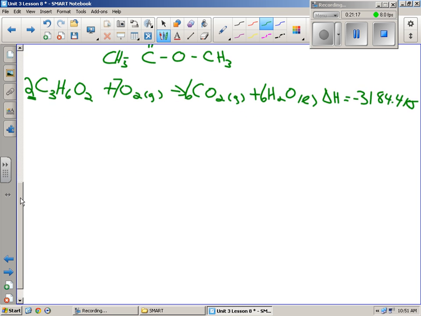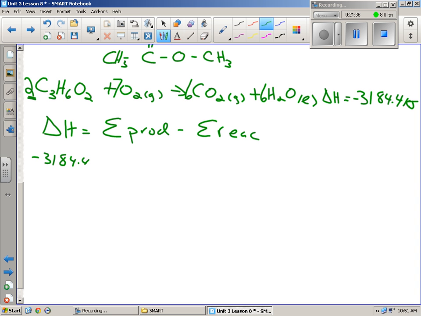Anyway, moving on. If I want to find the heat of formation, I know that heats of formation are used to find delta H. Well, I know delta H for this particular one. It's a negative 3184.4 kilojoules, which is how much heat energy is released when I burn this. What are the heats of formation for the products here?